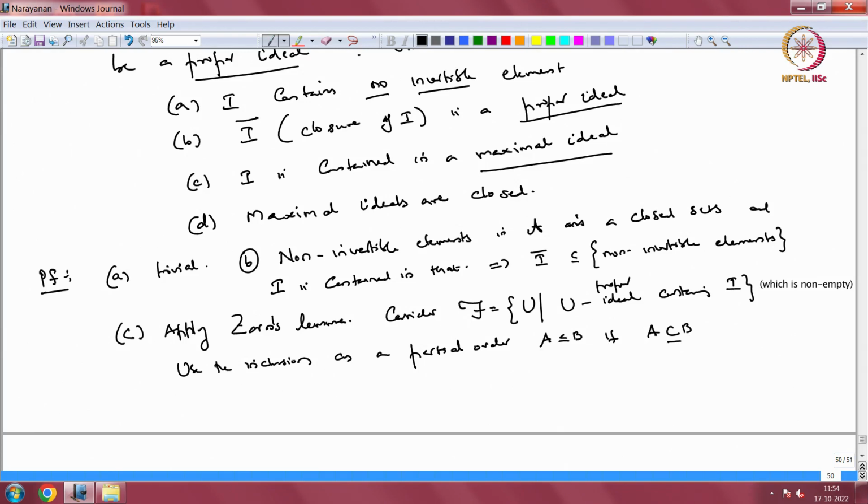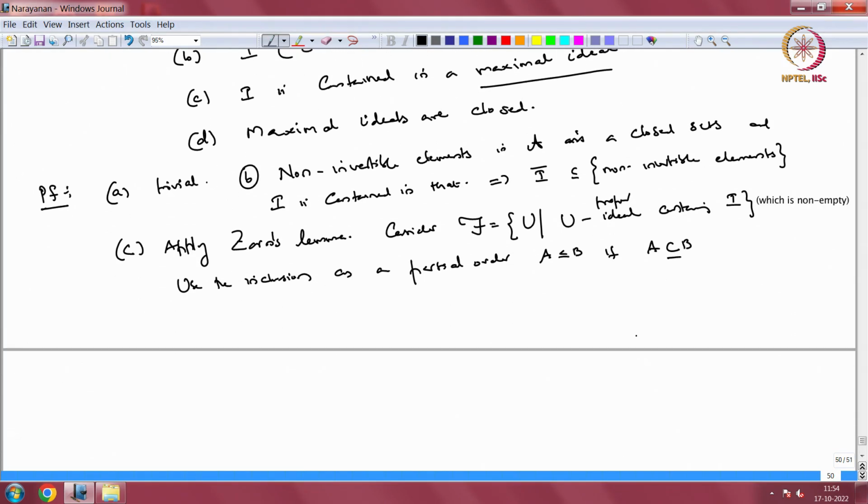And then to apply Zorn's lemma, you need to show that for any increasing chain there is an upper bound, right. So, if A1 is contained in A2, contained in A3, etc., and they are all in F, then the union of Aj is an upper bound.